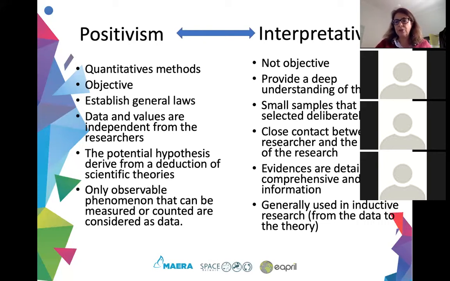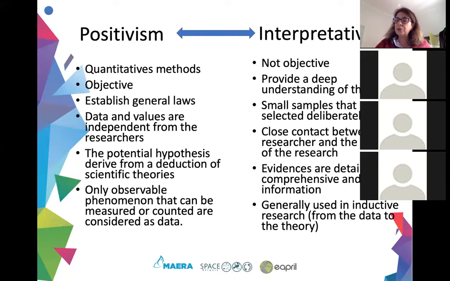So there's the researcher and the phenomenon, and there's no possibility of the researcher to interfere in the object under study. The purpose is to establish general laws. The problems can also be reduced to small components in order to be manageable.